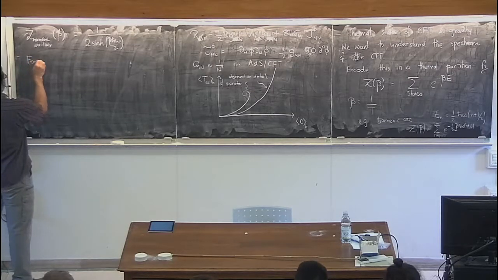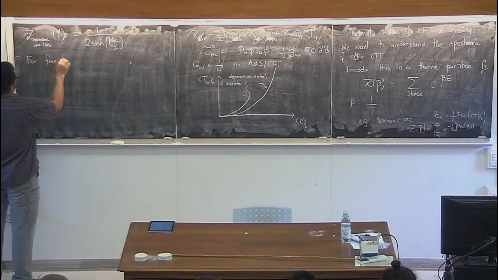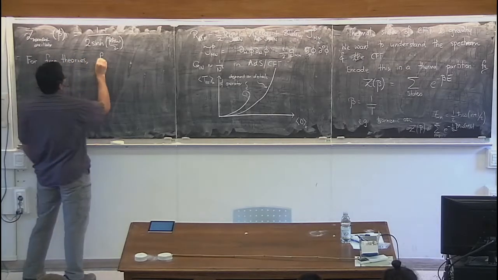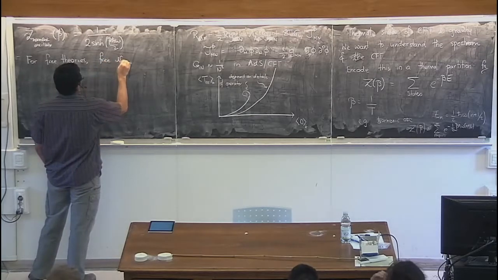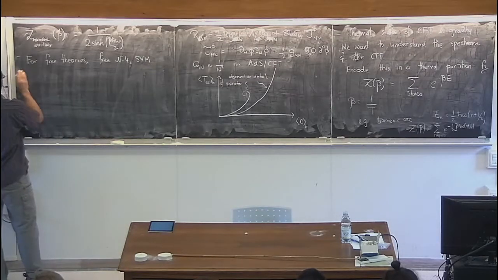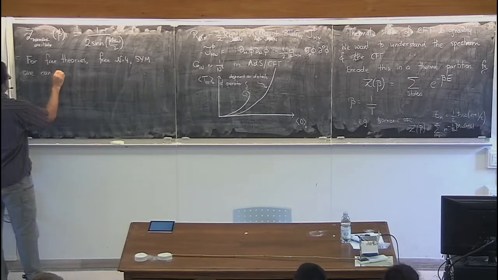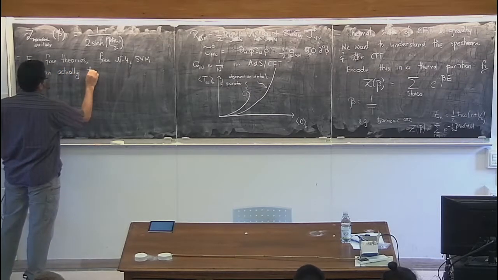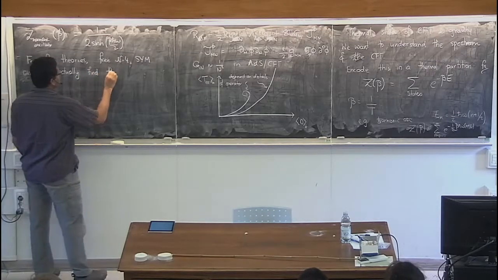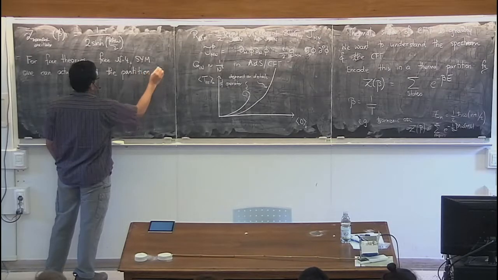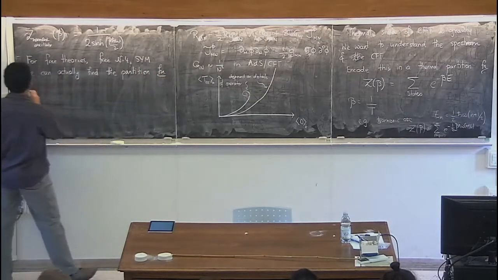For free theories, and in fact even free N equals 4 super Yang-Mills, you can actually find the analog of this, find the partition function, explicitly.